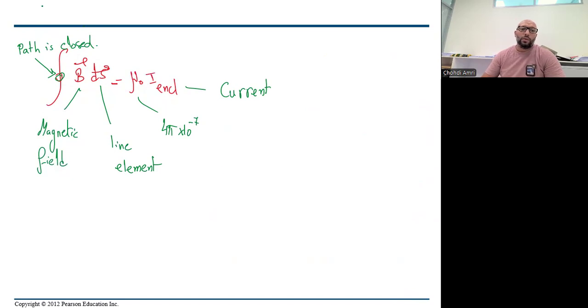So what is the unit of each quantity? The magnetic field is expressed in Tesla, the line element is in meter, the current is in ampere, and of course mu naught is going to be Tesla meter over ampere. Good.